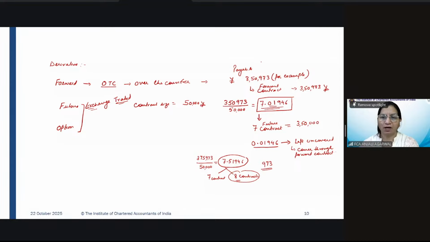So let's say what I would have done here: I have payables. So my fear is that the yen should not be at a premium against the rupee. Otherwise, it will be a loss for me.